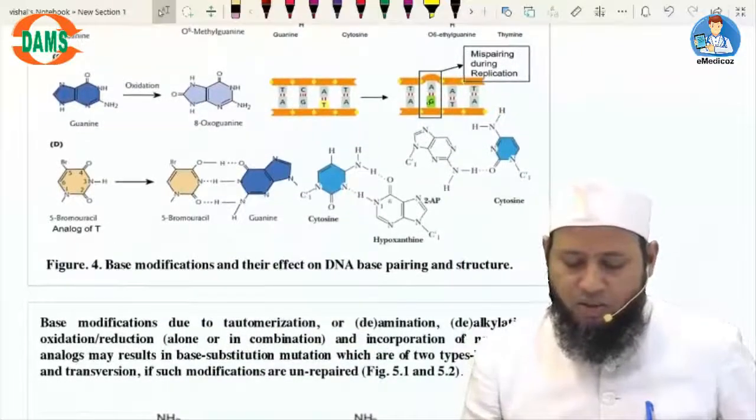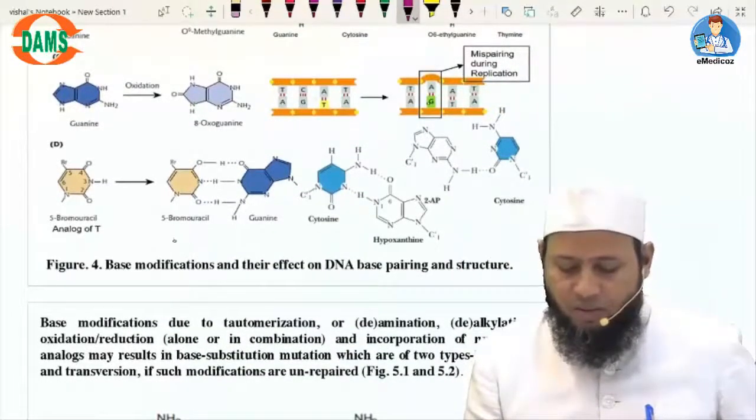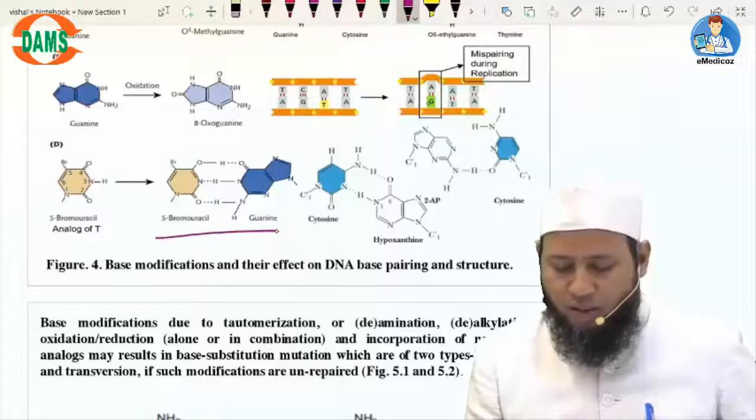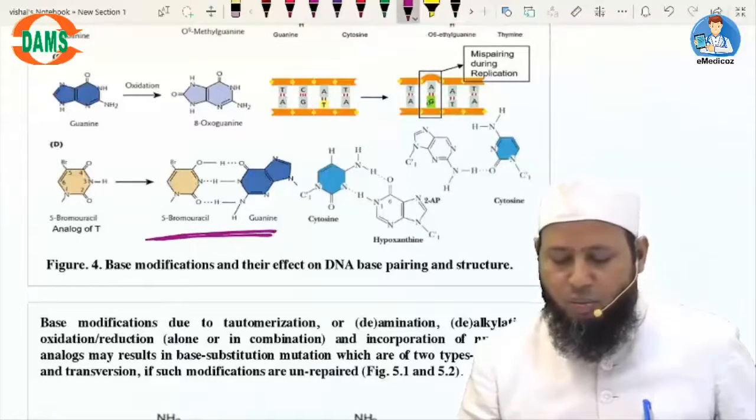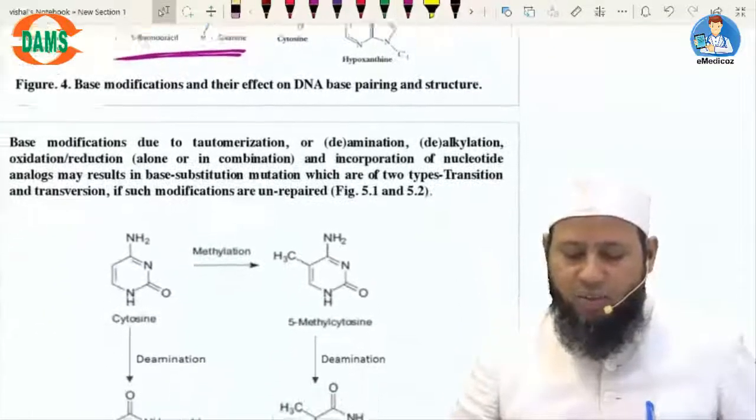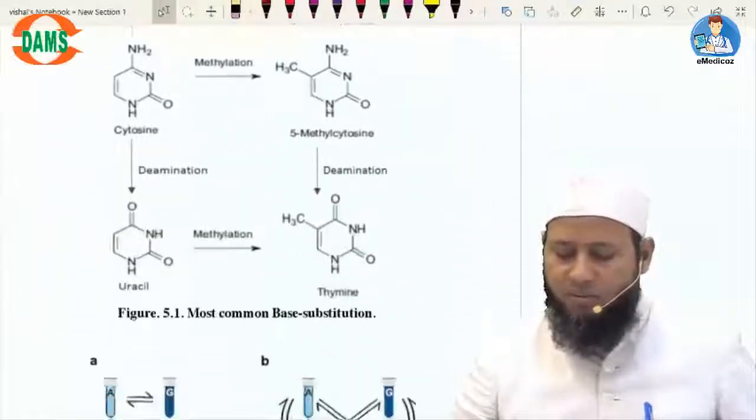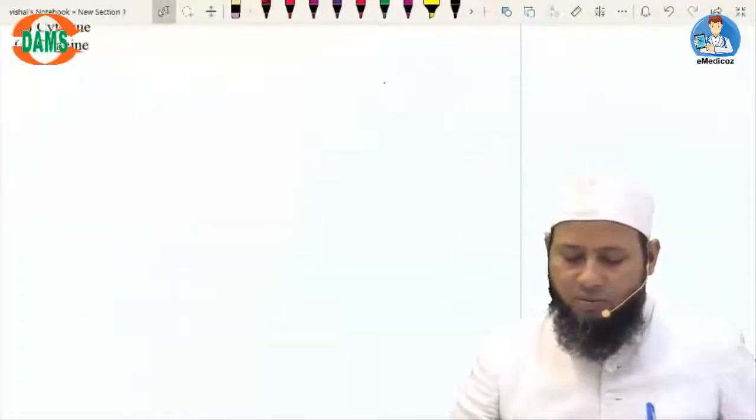For example, this one, bromouracil, okay, so it hybridizes with, not C, with the G.